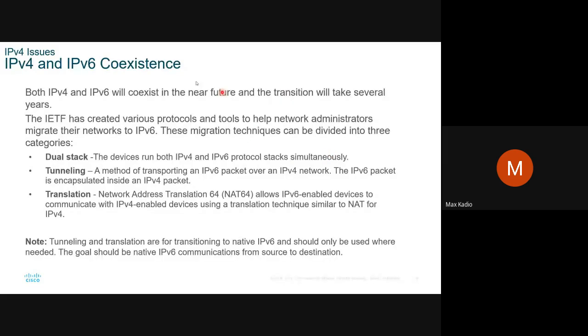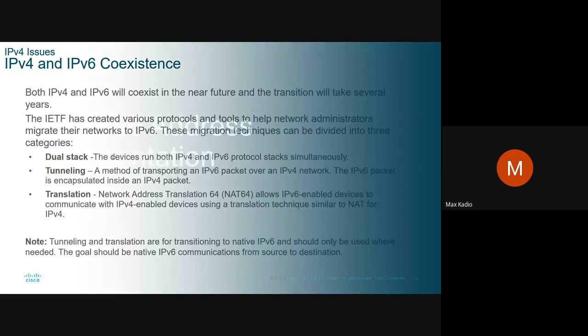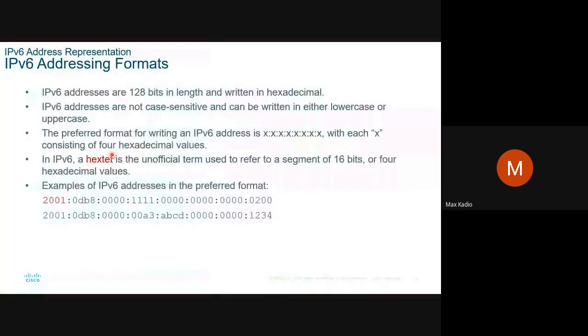In your company, IPv4 and IPv6 can still stay and run together. There is a technology called dual stack. The device can get IPv4 and IPv6 simultaneously, or use tunneling or translation. The most used is dual stack. The representation is 8 blocks.